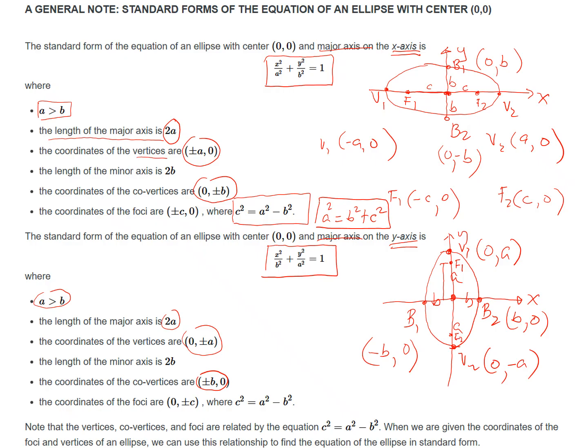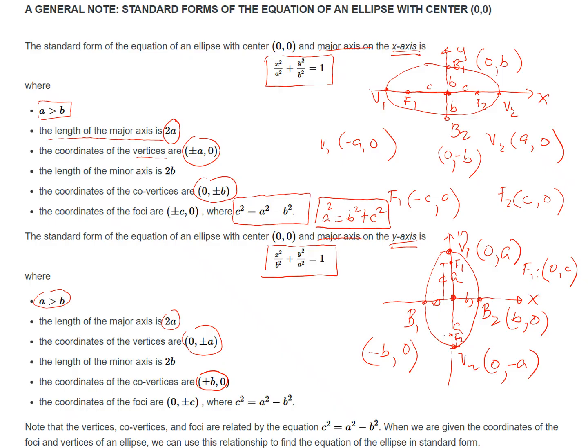What are the coordinates? For F1, since the point is on the y-axis, the abscissa is equal to 0, and going up, that is positive c.